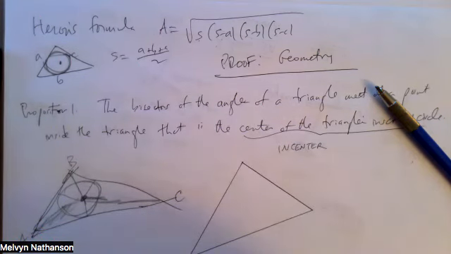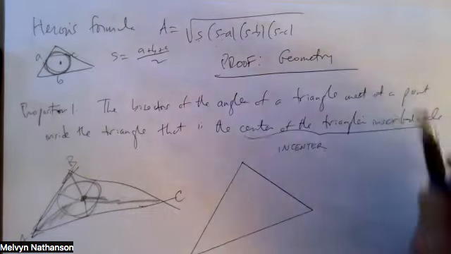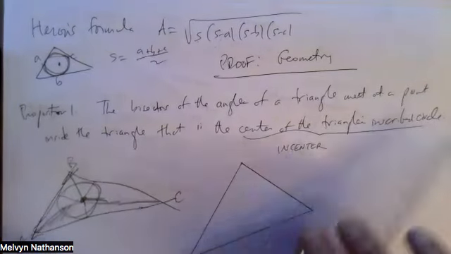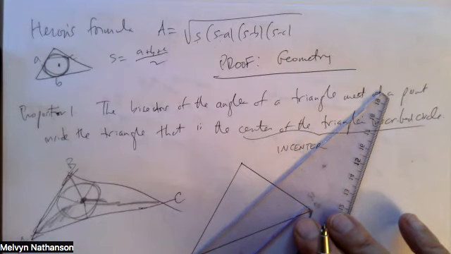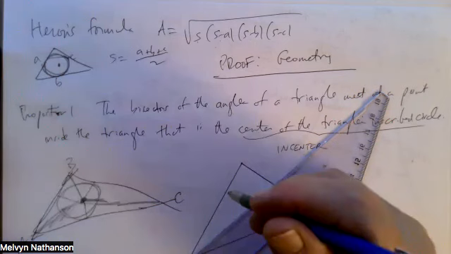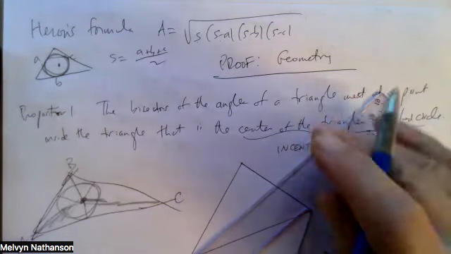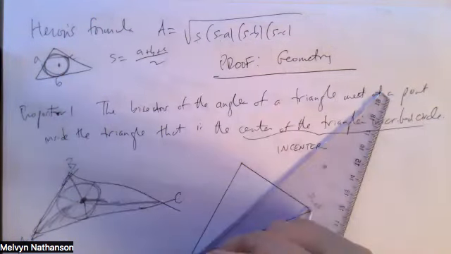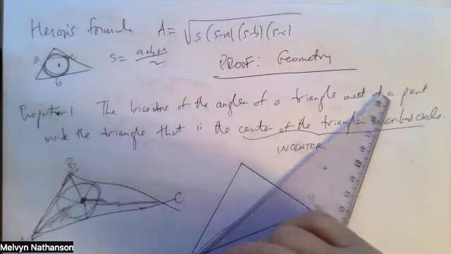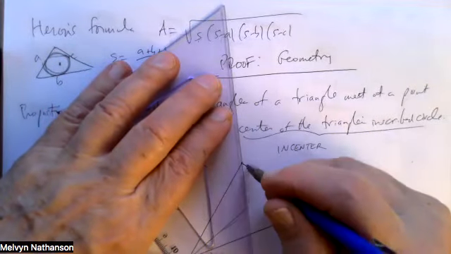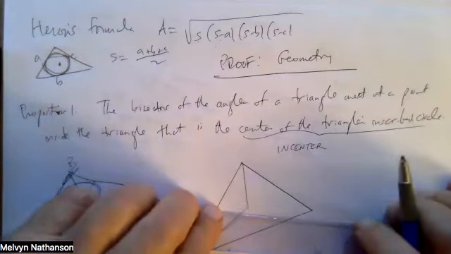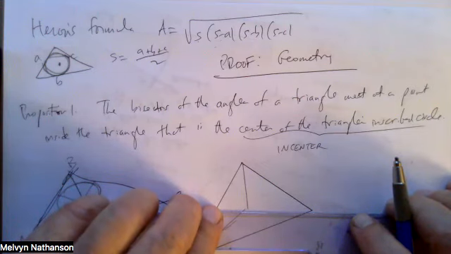Here's the triangle. Now, I'm just doing this very crudely, but in Euclidean geometry, there's a straight edge and compass method to construct the angle bisector of any triangle, of any angle in a triangle.